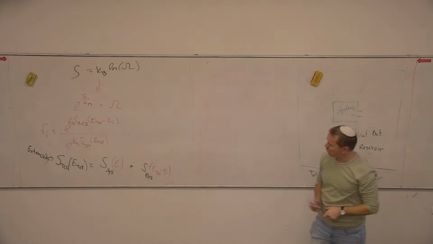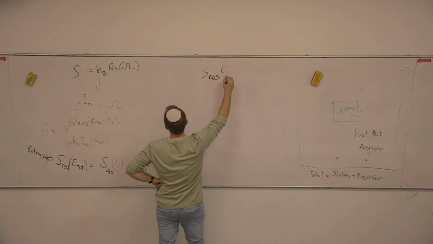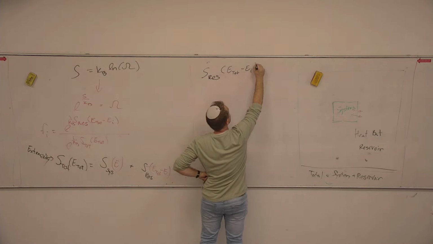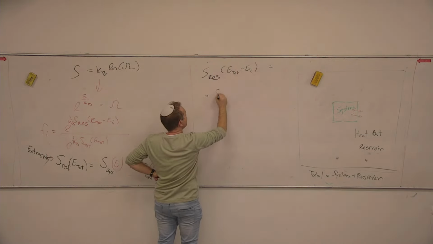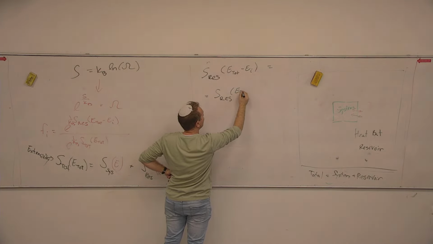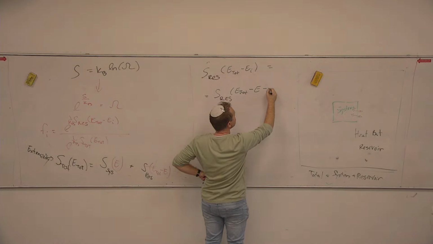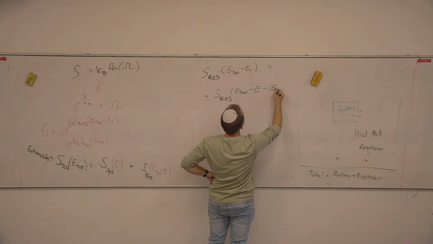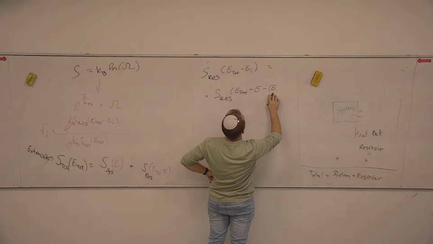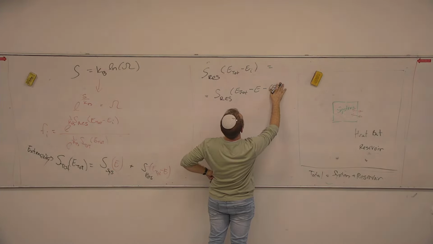Okay. So what do we do with S reservoir of E total minus E_i? I'm just saying that it is E total minus E plus E minus E_i.